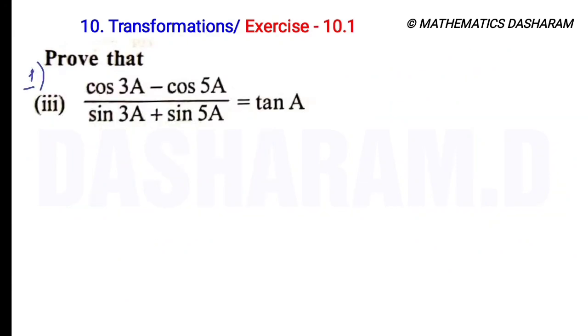Third problem: (cos 3a - cos 5a) divided by (sin 3a + sin 5a) equals tan a.